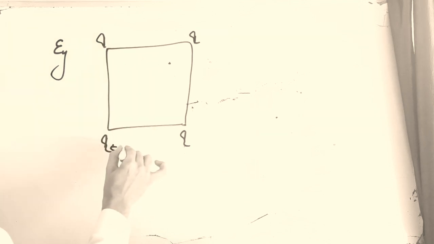Just say, student, a square with charge q at each corner. This I'm going to make again. This is charge q, charge q and charge q. A is the side of the square.